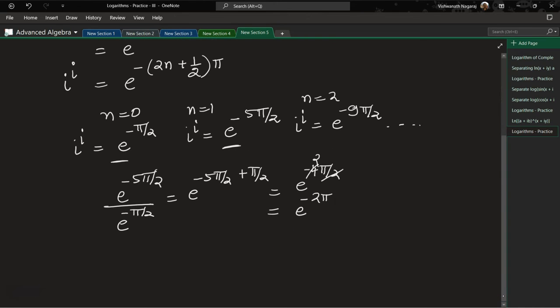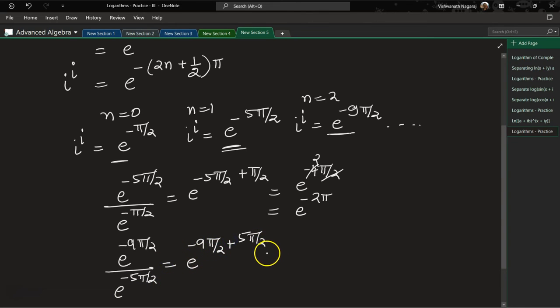Now let's repeat the process with the next pair. Let's divide this by this. What do we get? e to the power of minus 9 pi by 2 divided by e to the power of minus 5 pi by 2, which is e to the power of minus 9 pi by 2 plus 5 pi by 2, which is e to the power of minus 4 pi by 2.